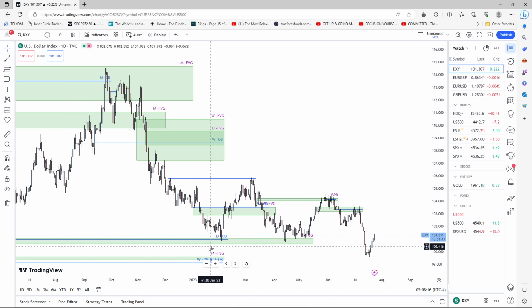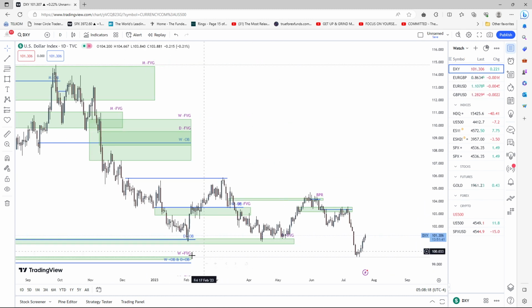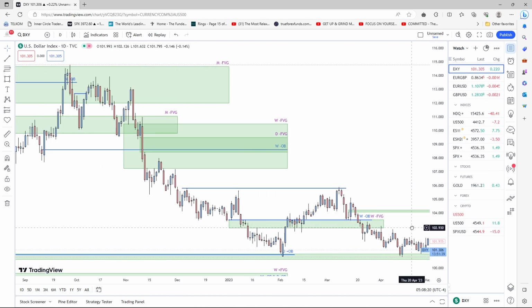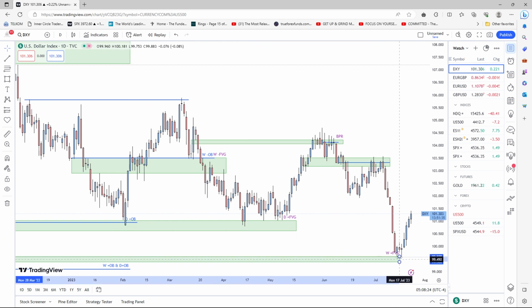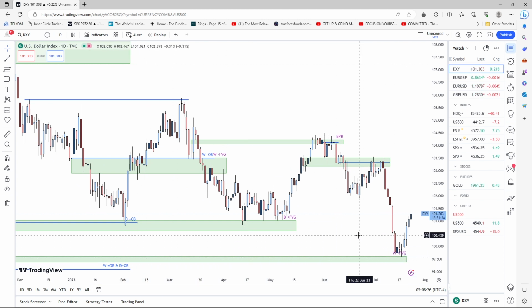And then this is where these weekly fair value gap levels come into play. If we extend these levels, isn't that quite neat? Price just came right to that level and it froze in its tracks. It's currently retracing.